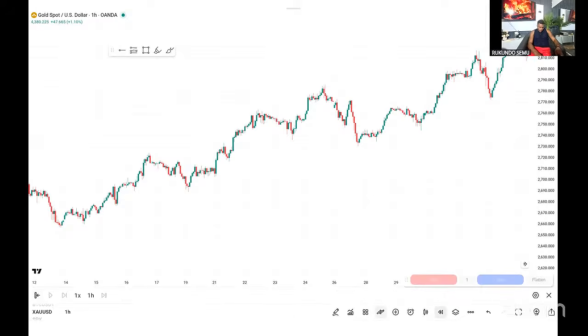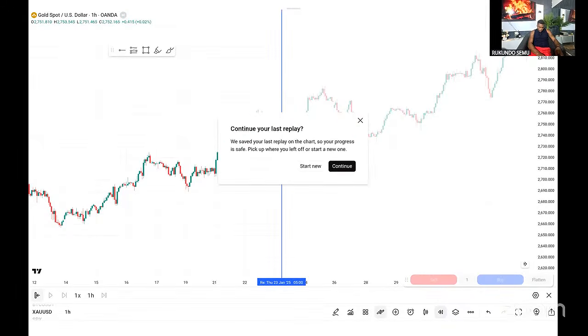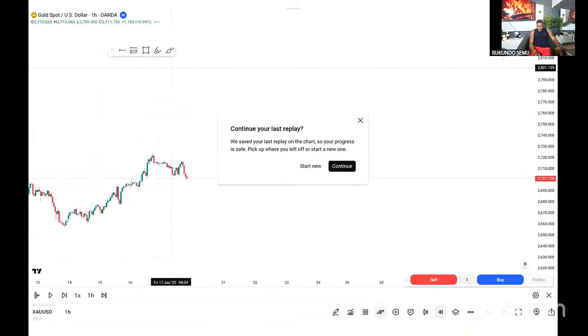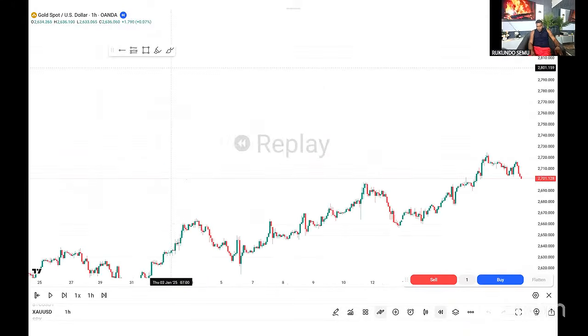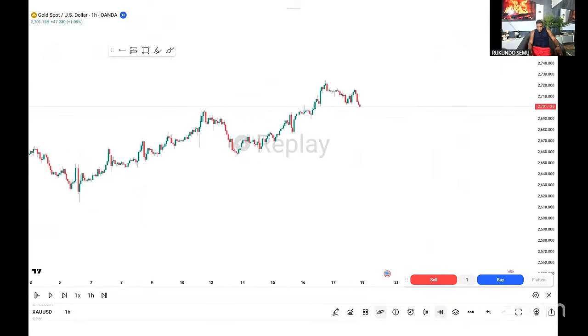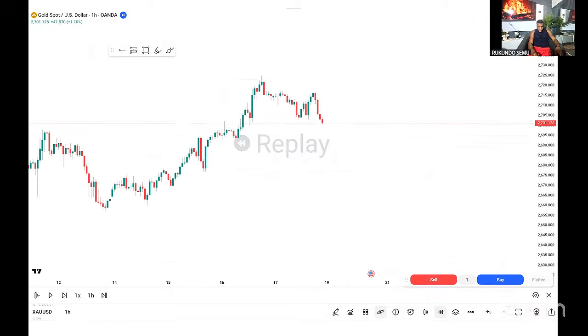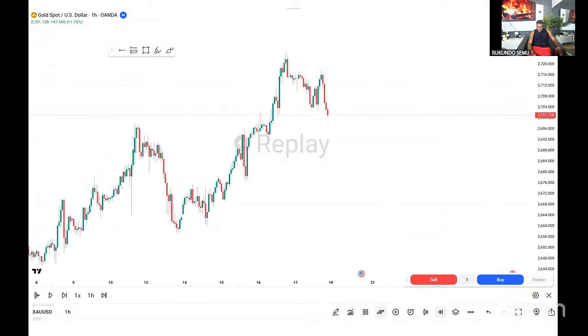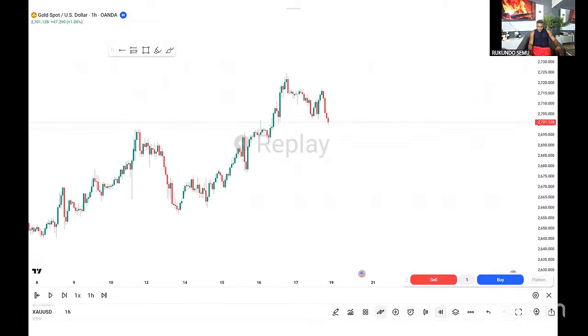I think we are not going to use downtrend, because let us use uptrend. But I even told you, guys, when it is uptrend, just do it upside down.